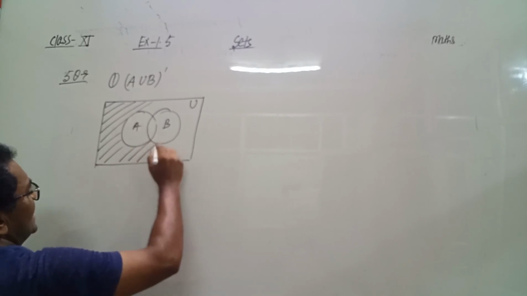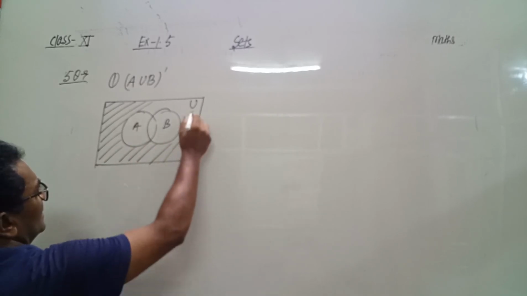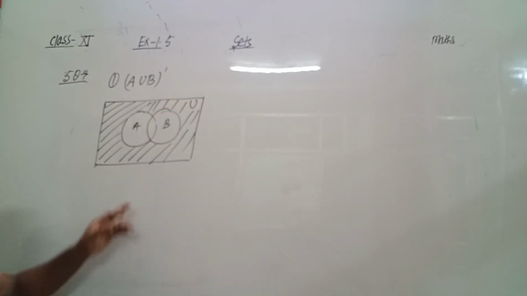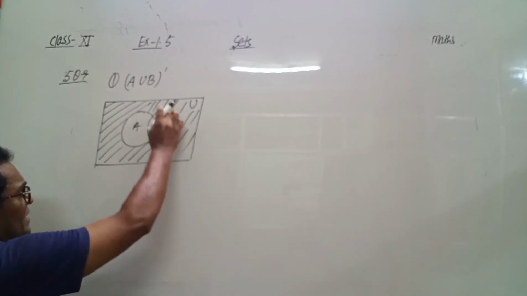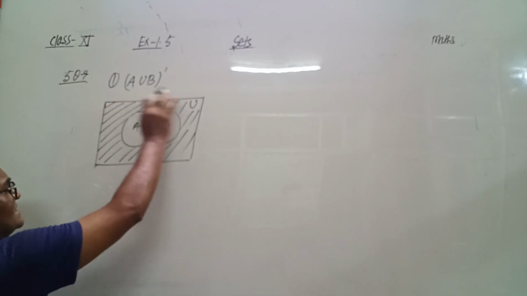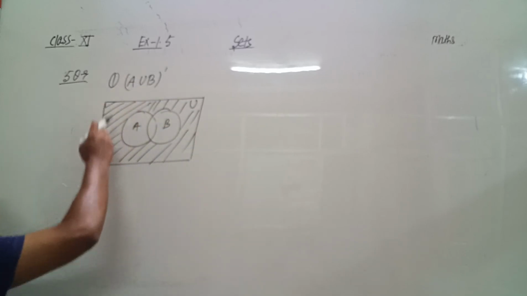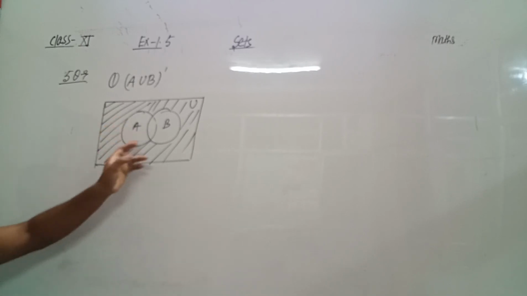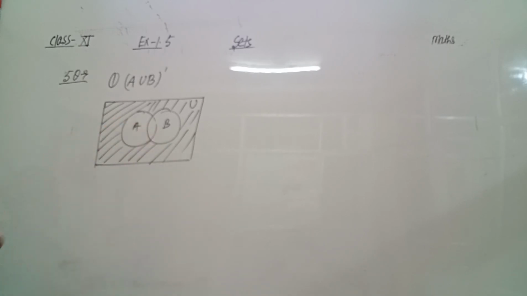So this shaded region represents A union B dash. When we subtract A union B from the universal set, we get the shaded region.